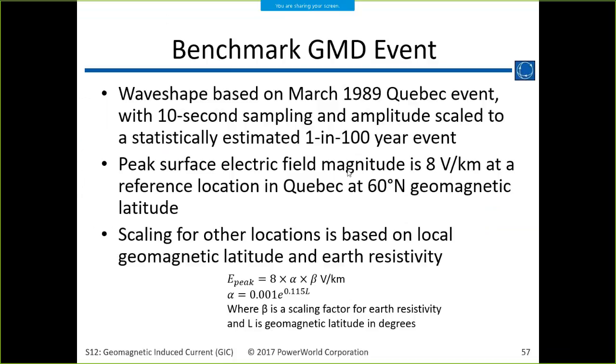I'll pick up here with some more information on what NERC is calling the benchmark GMD event. And this is a wave shape. There's a full time series that you can download from our website, and it's in an auxiliary file format.